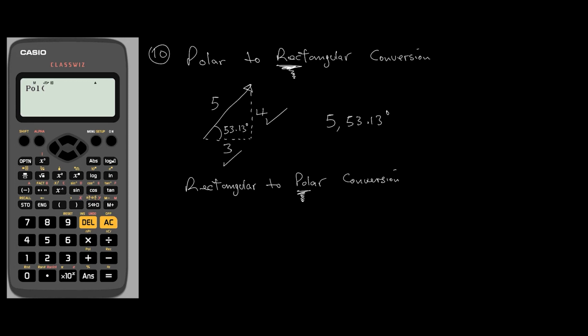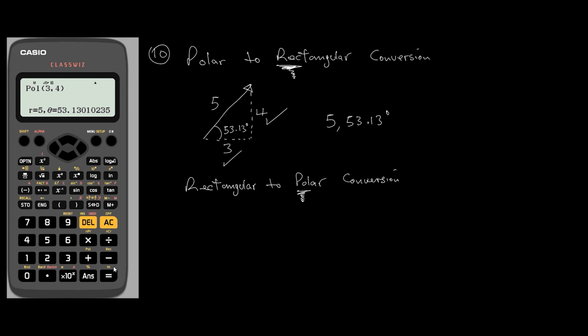So you give it the x coordinate first, which is 3. Then you need to use that comma again, it's yellow, so shift there. Then I'm going to give it the 4, which is there. I'm going to close brackets and hit equals.